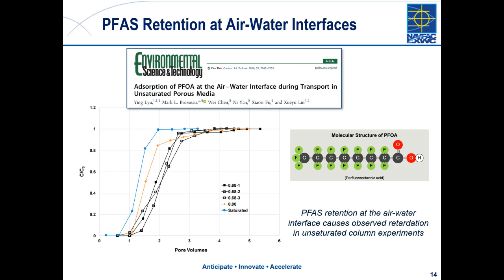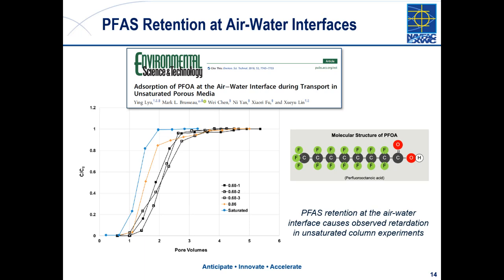This was a very nice proof of concept type of experiment to show that this PFAS accumulation at the air-water interface really does have an impact on PFAS migration, and probably something we need to account for as we're considering PFAS leaching in situ.